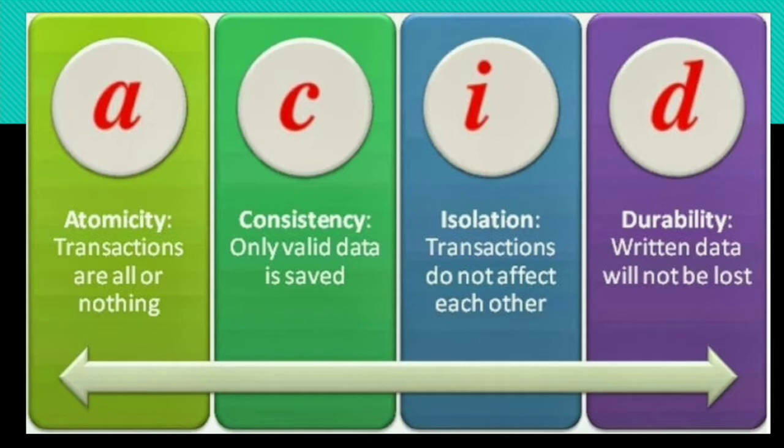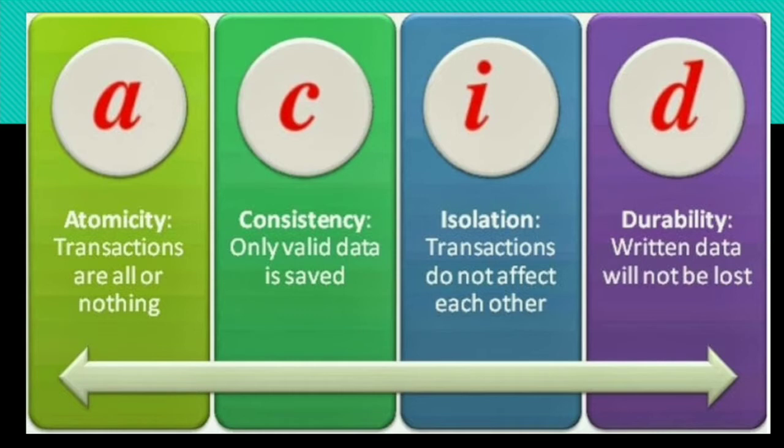So inserting data in a table, updating existing data, or deleting, all these actions are called transactions. Whatever transaction we do, it will be updated successfully or it will be aborted, which means failure. So that is atomicity. Either it will be successful or a failure.